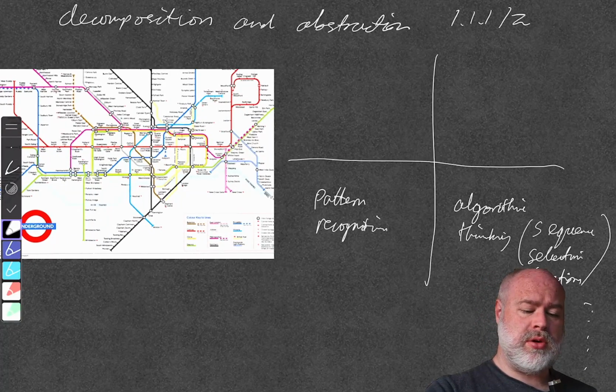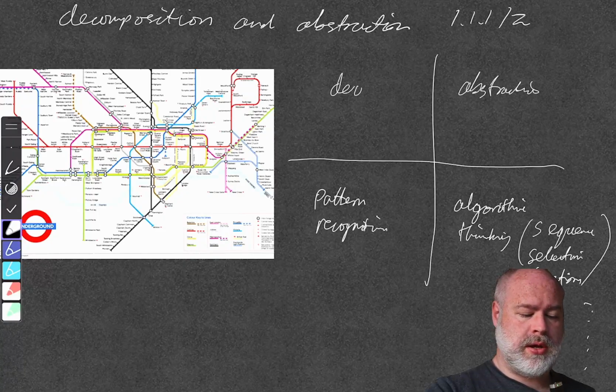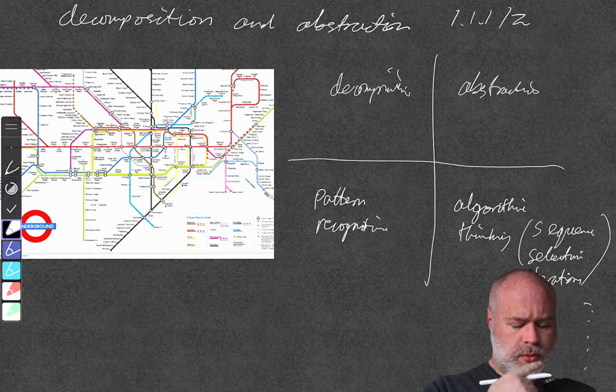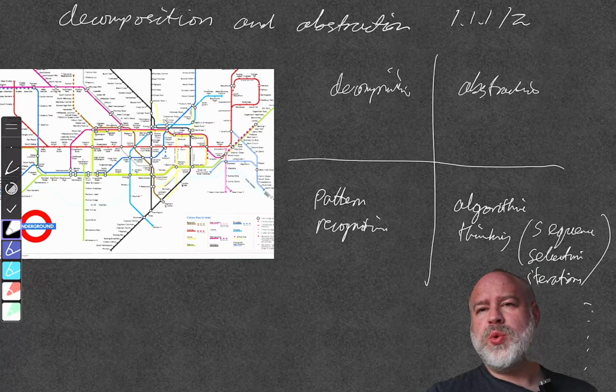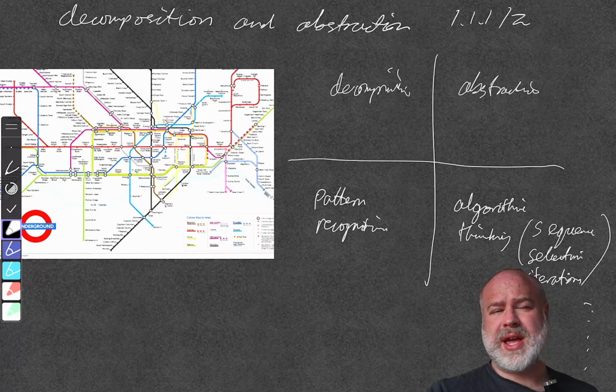And then the big two, abstraction and decomposition, right? And decomposition is, the clue's in the name, to decompose, right? When you've got compost or something like that, it breaks down into smaller steps.